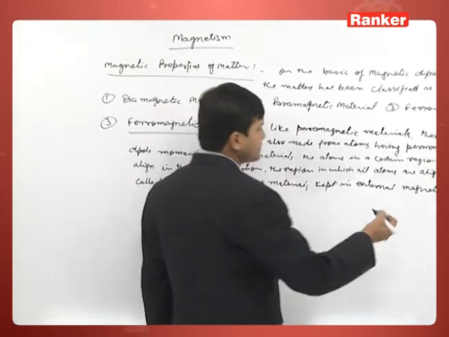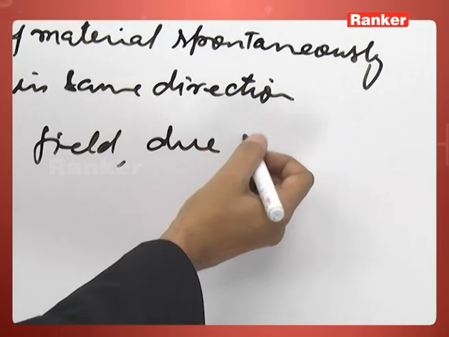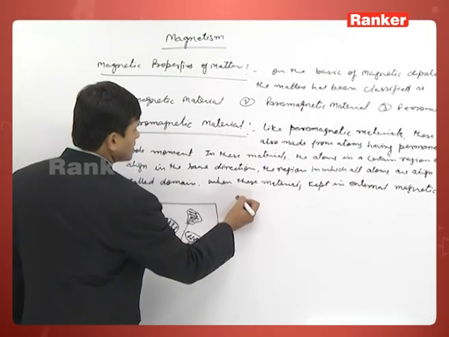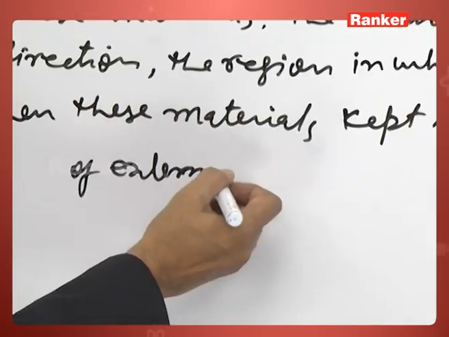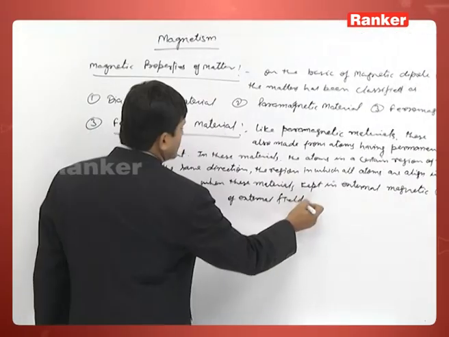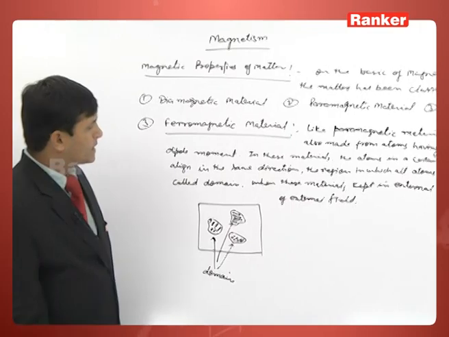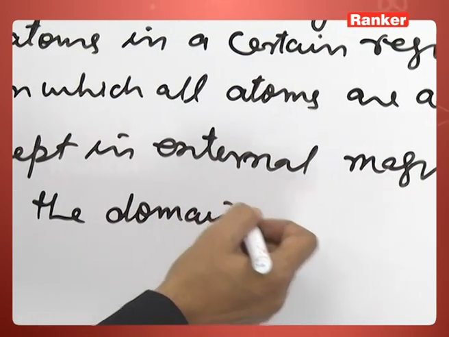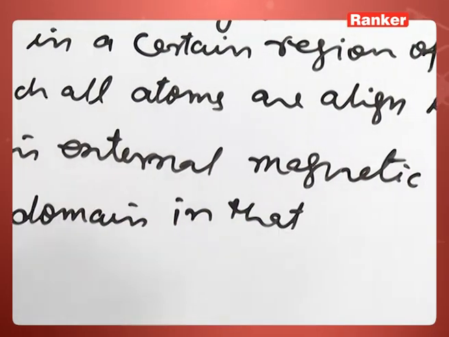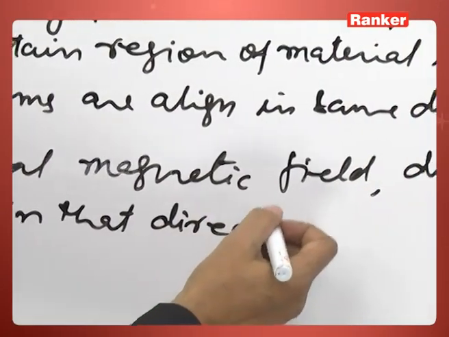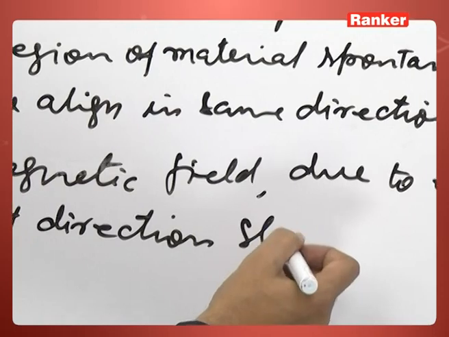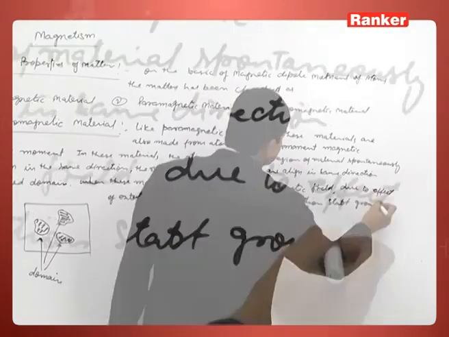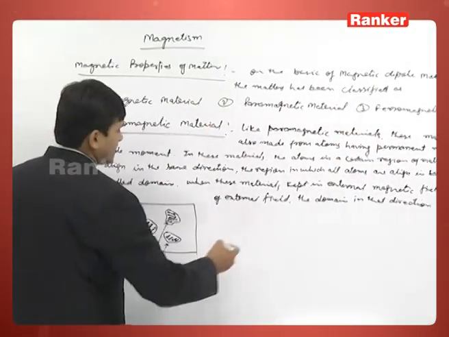Due to the effect of the external field, the domain in that direction starts growing.